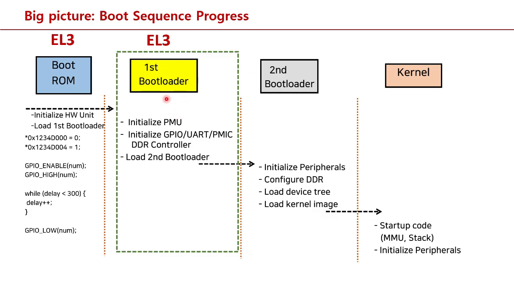Right after the initialization job is done, the bootloader will load the image of the second programmable bootloader and make it executable. That is the job of the first programmable bootloader. Remember that the initial exception level of the bootloader is exception level 3. Most of the system registers are accessible at exception level 3, so they can be initialized at this stage.